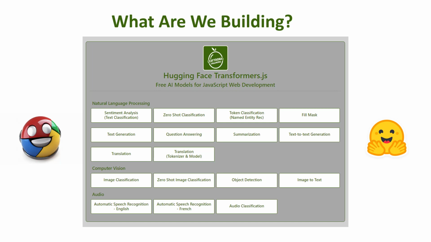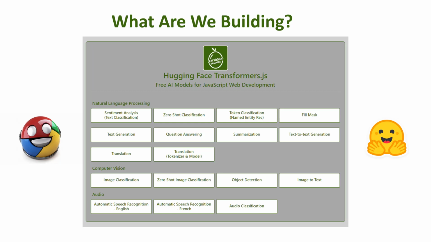Summarization condenses lengthy text into shorter versions, preserving the core message, turning multi-page articles into concise summaries. Text-to-text generation transforms an input text into a new structured text based on the context, like converting a statement into a question or vice versa.